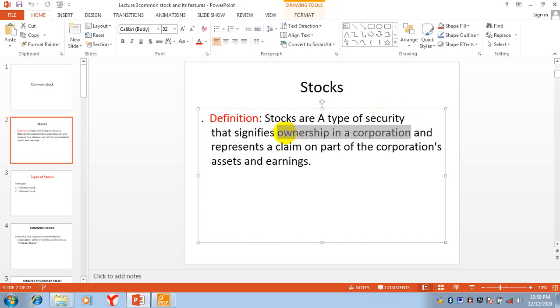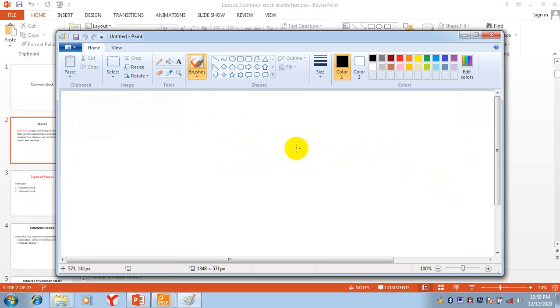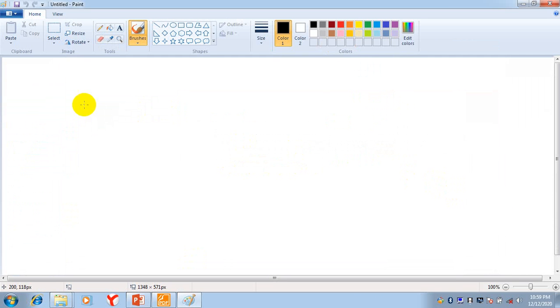This security shows that you have ownership in that corporation and represents a claim on part of the corporation's assets and earnings. You have a claim on the corporation's assets and earnings. If you purchased a share, suppose this is a share of company A, any company, its value is suppose $10.